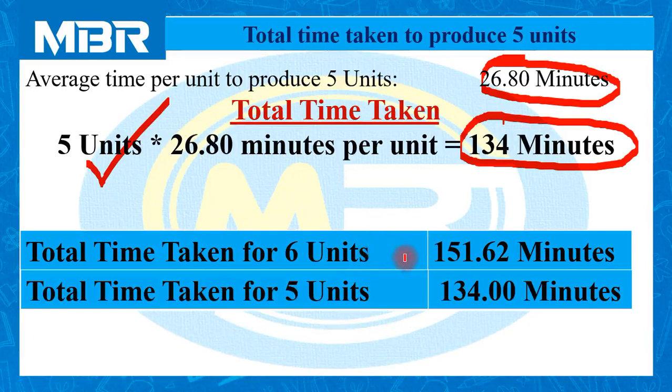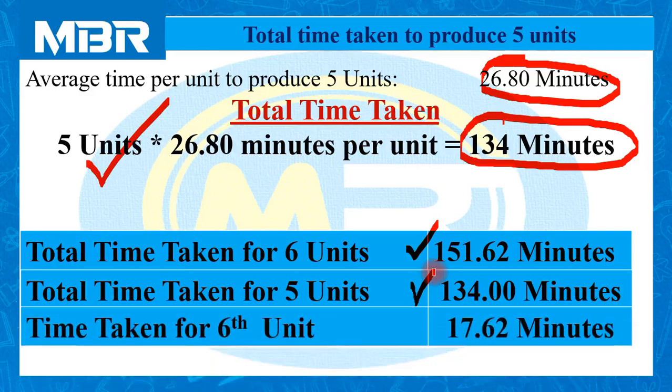Total time taken for 6 units is 151.62 minutes. Total time taken for 5 units is 134 minutes.